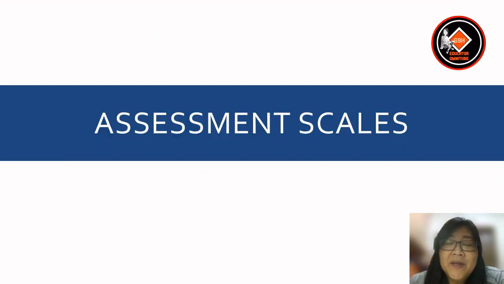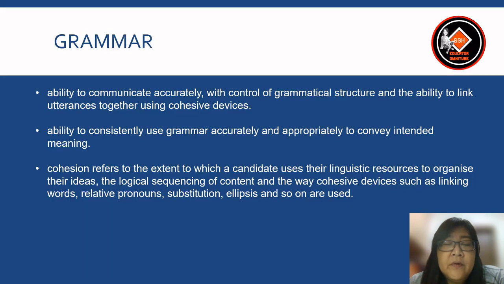Dear students, before we begin our practice, let's go through the assessment skills. There are 3 types of content that they will give you marks for. The first one is grammar. Grammar is the ability to communicate accurately with control of grammatical structure. You must make sure that whatever you say is grammatically correct, and also have the ability to link utterances together using cohesive devices, or linking words.